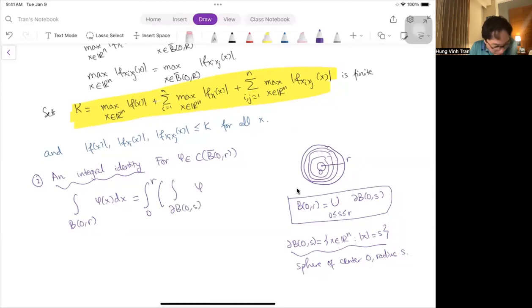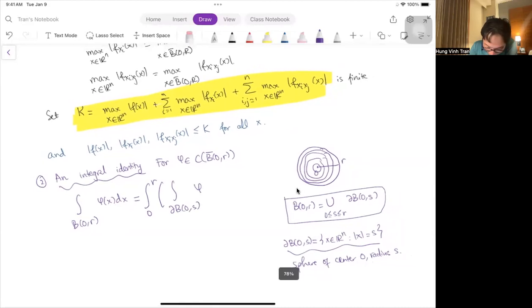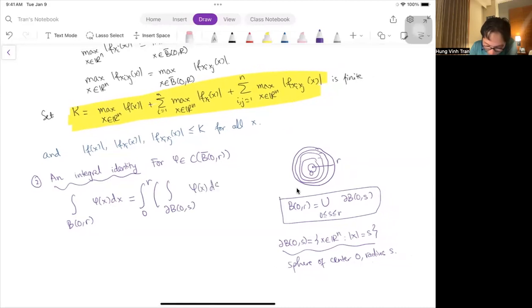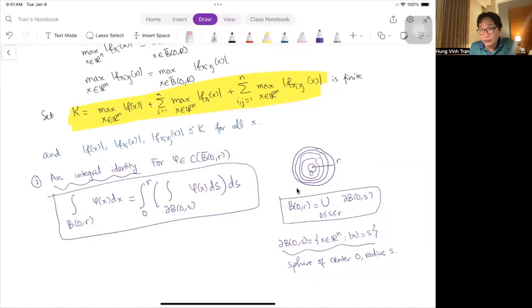So I'm integrating first with respect to the surface of the sphere, and then adding every sphere up, integrating with respect to the radii. So I have this important integral identity that we also need in order to prove this important theorem.